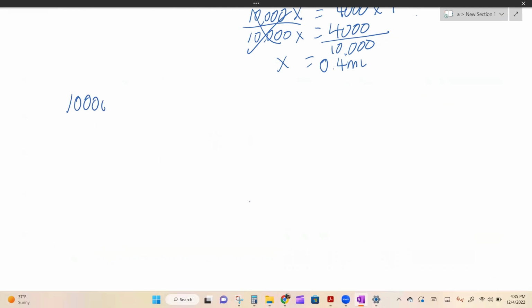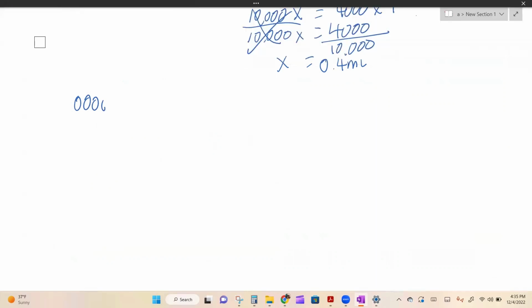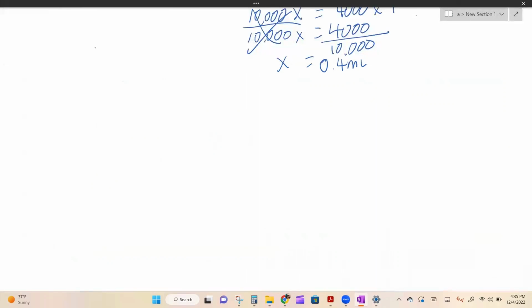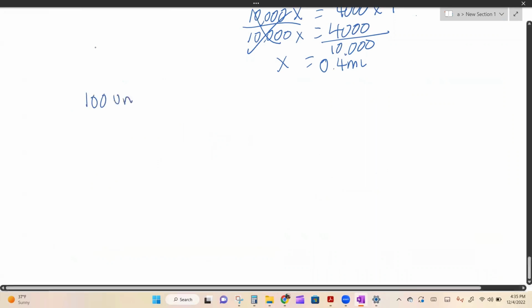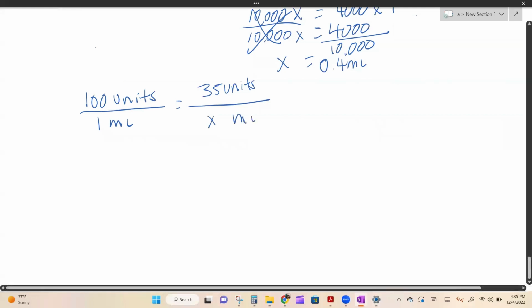The strength is 100 units per ml. And we want to give the patient 35 units. How many ml is that going to be?